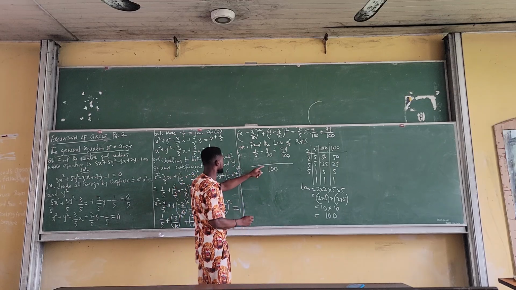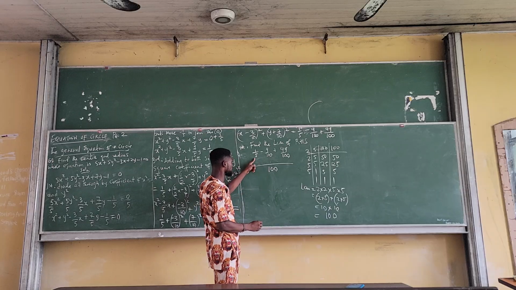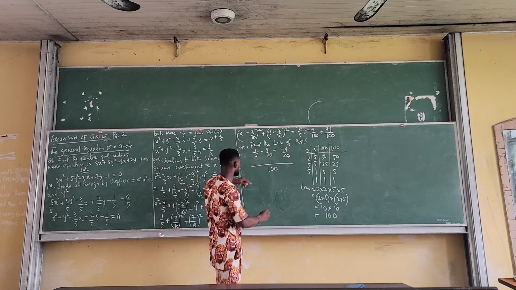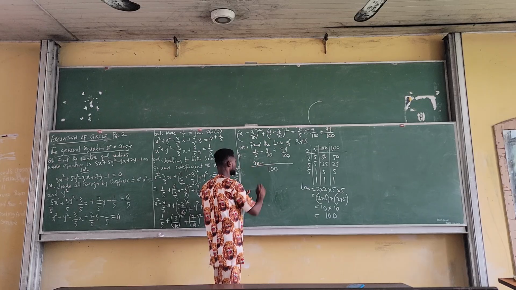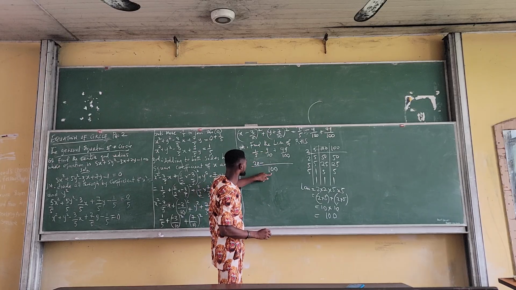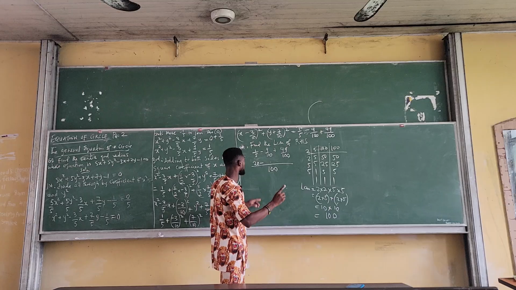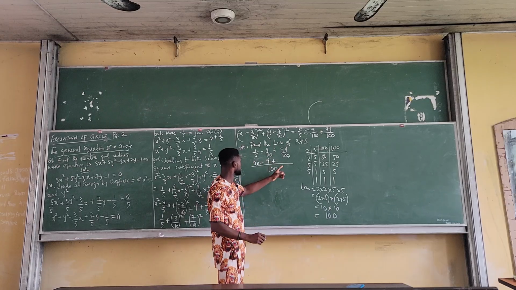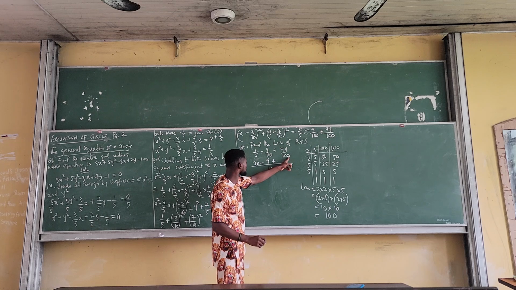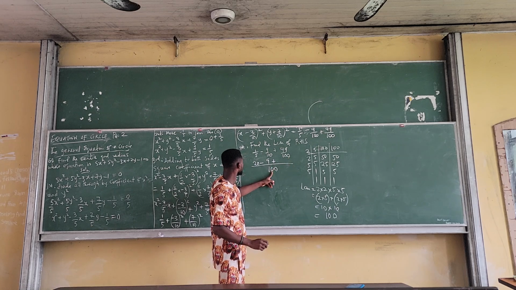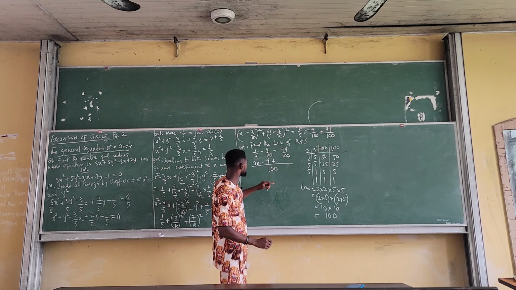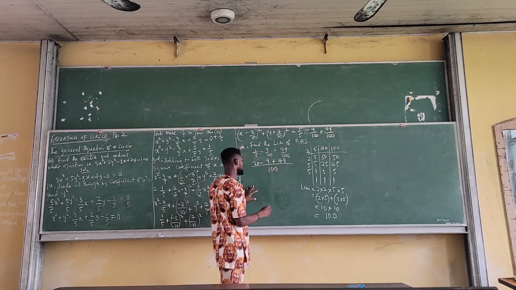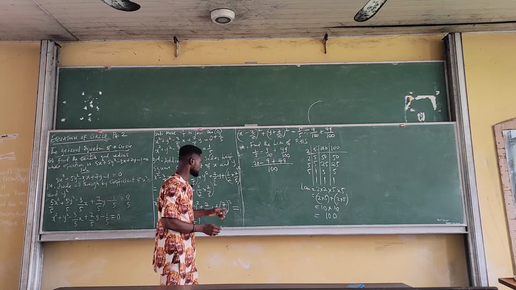Okay, so 100 divided by 5 will give us 20. 20 times 1 will give us 20, minus 100 divided by 100. 100 divided by 100 is what? 1. 1 times 9 will give us 9, plus 100 divided by 100 is 1. 1 times 49 gives us 49.